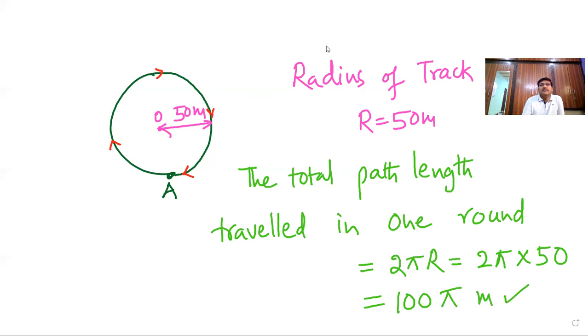So in one round, the total path length traveled is 100 pi meters.